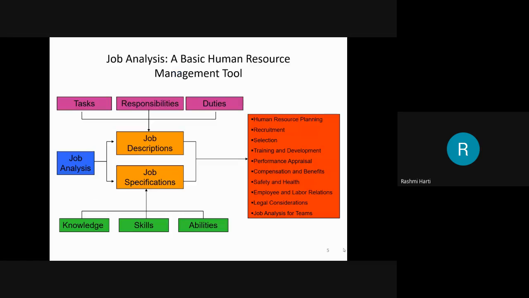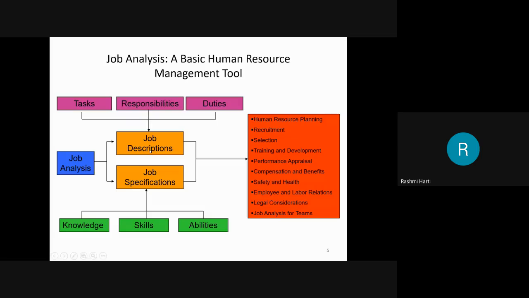If you could see this particular diagram, students, it is a basic human resource management tool. Here, job analysis, as I said, consists of both job description as well as job specification. Job description is the task, responsibility, and duties to be performed in a particular job.